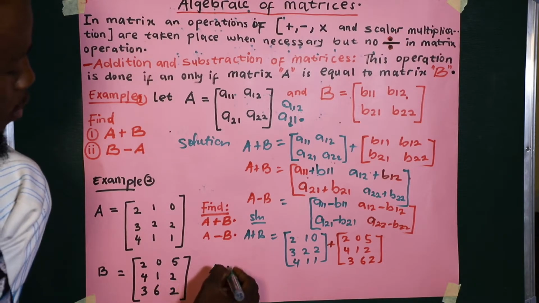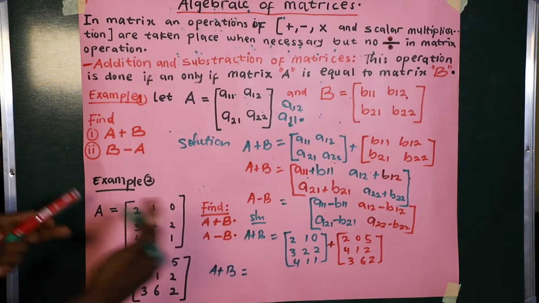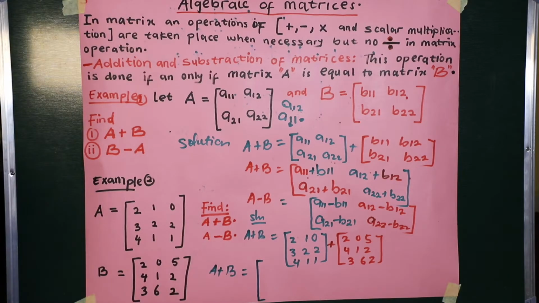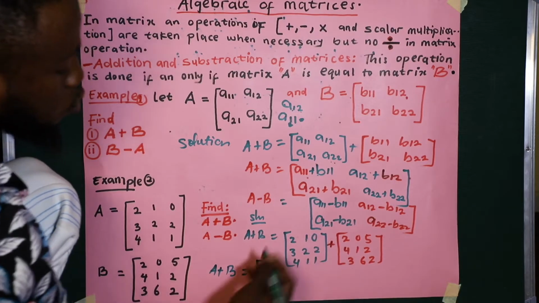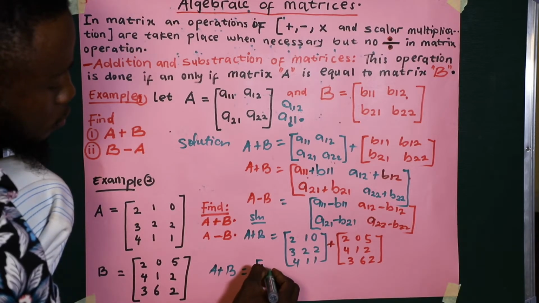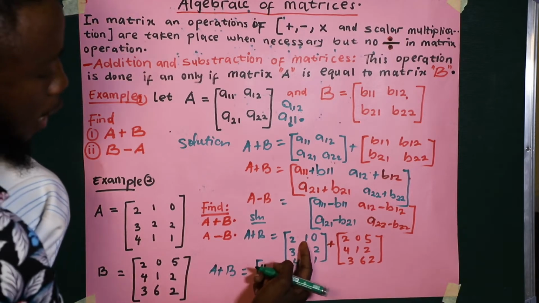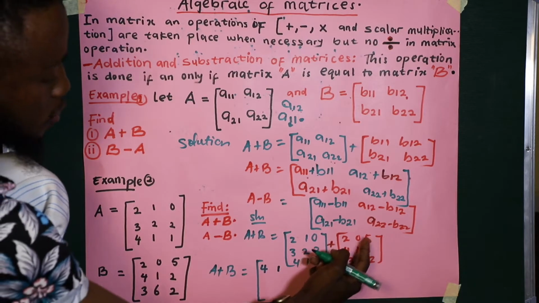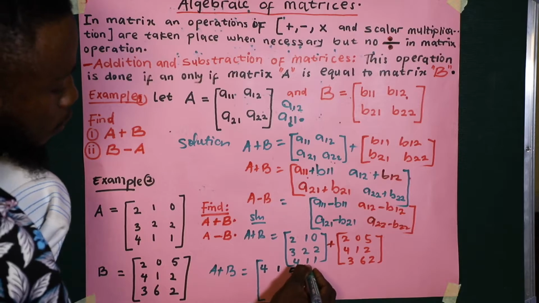A plus B will be each component with each component. It will be the matrix of 2 plus 2, 4. 1 plus 0, 1. 0 plus 5, 5.